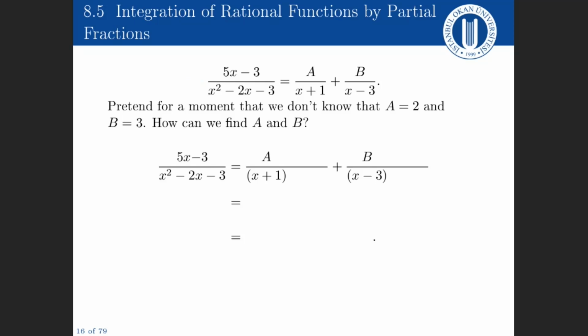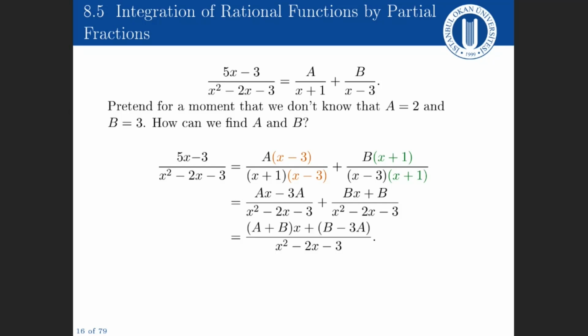Well, we do basically what we did before. We start with a over x plus 1 plus b over x minus 3. First term, we multiply on the top and on the bottom by x minus 3. The second term, we multiply on the top and the bottom by x plus 1. And then we're going to be simplifying this. That's ax minus 3a over x squared minus 2x minus 3 plus bx plus b over x squared minus 2x minus 3.